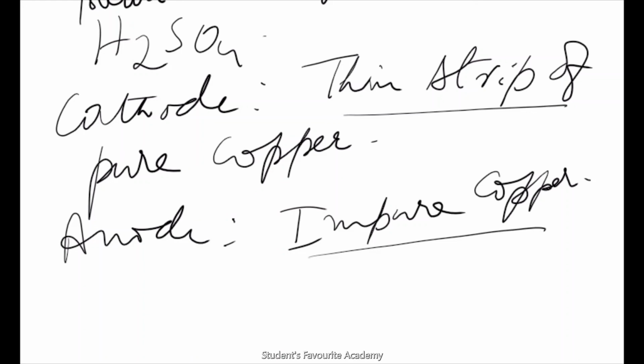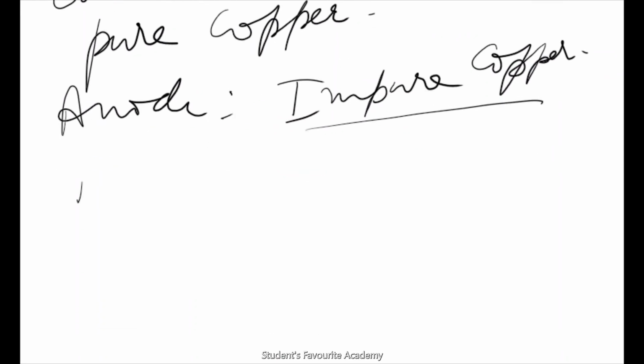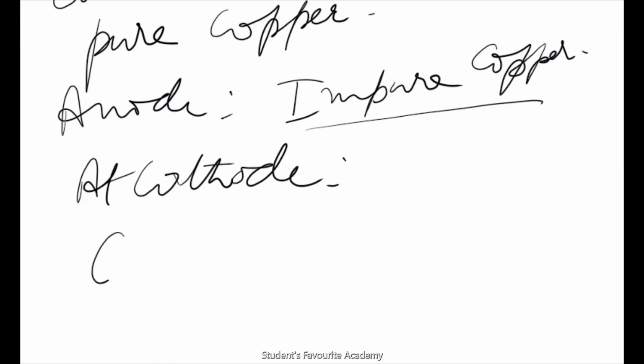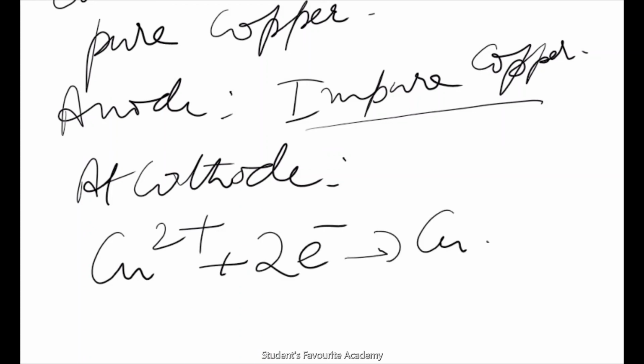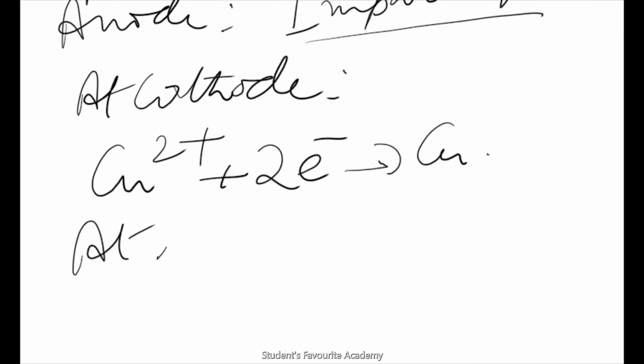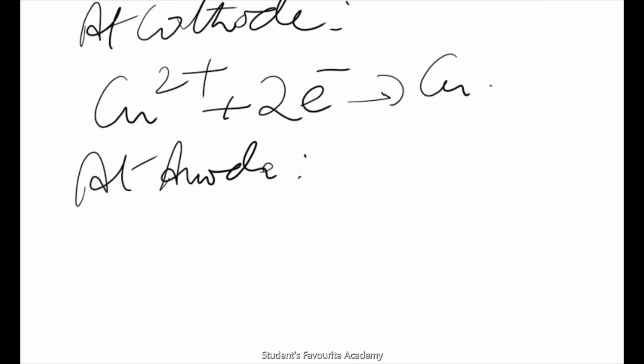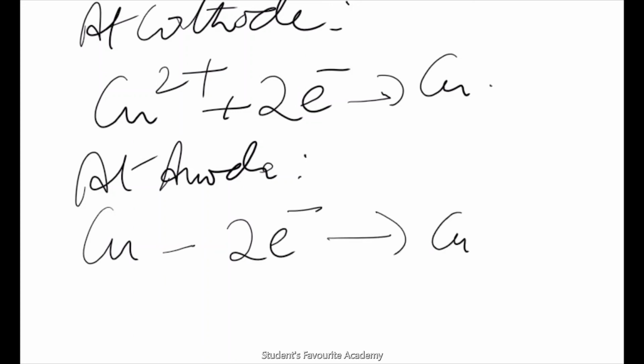Again, at the cathode, Cu2+ accepts 2 electrons and forms neutral copper atoms, and at the anode, copper atoms lose 2 electrons and again form Cu2+ ions.